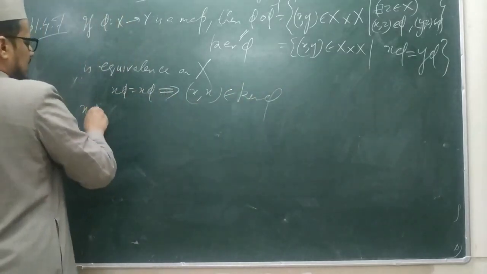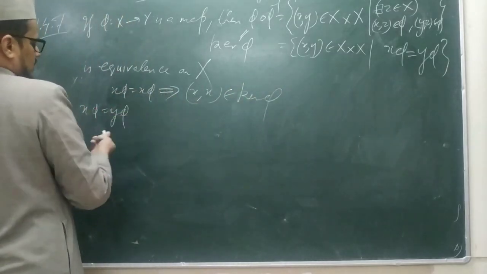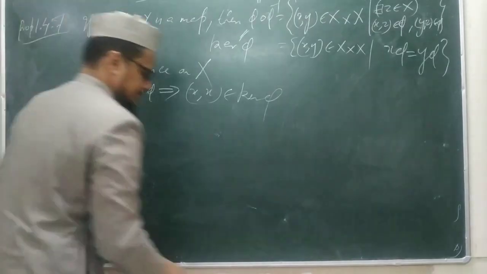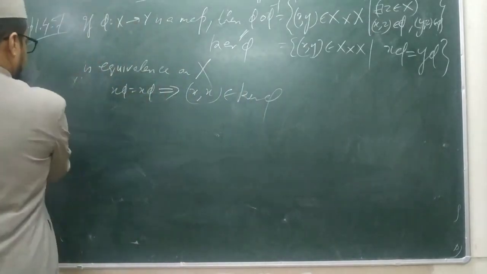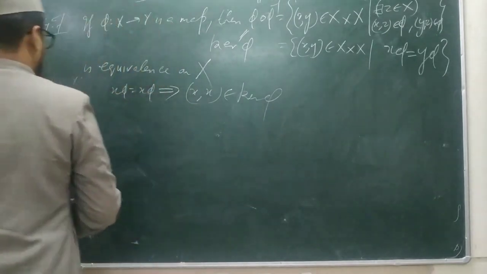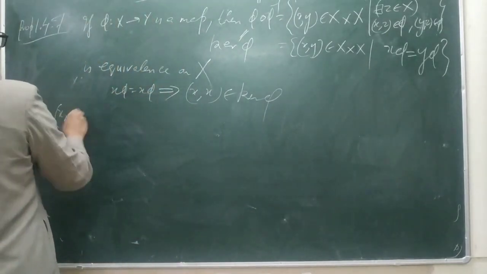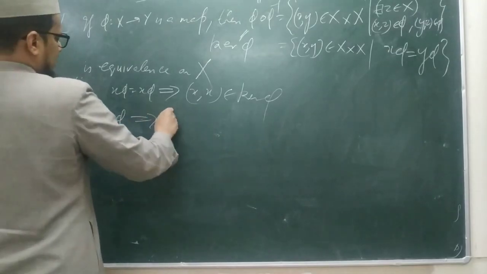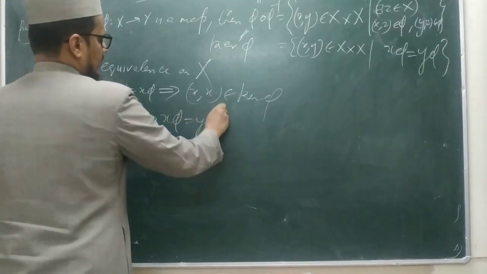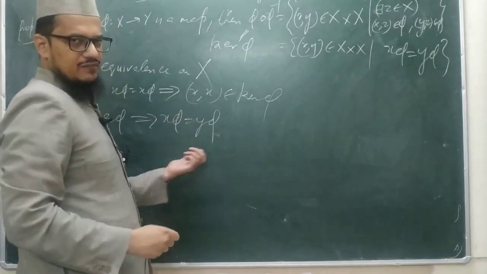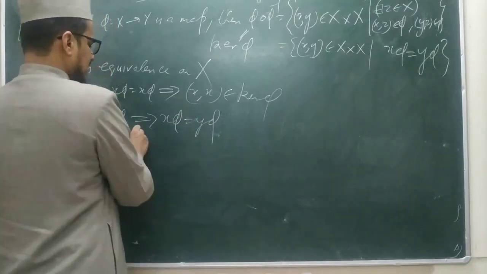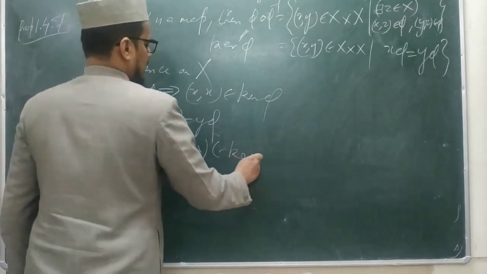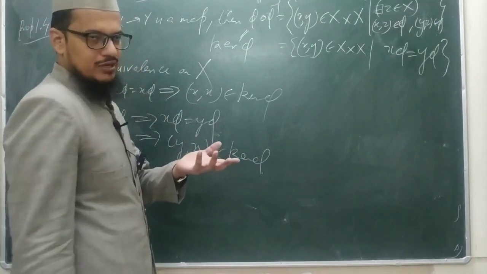And when x comma y belongs to kernel phi, it implies that x phi is equal to y phi, or y phi is equal to x phi, both are the same. It implies that y comma x belongs to kernel phi. That is, it is symmetric.